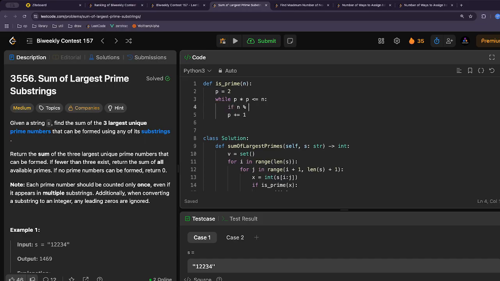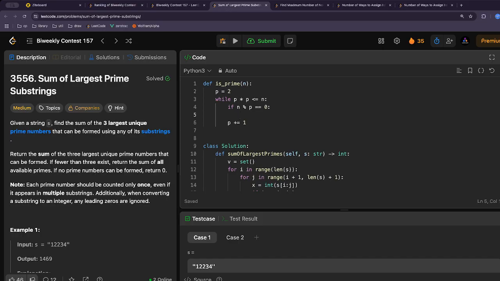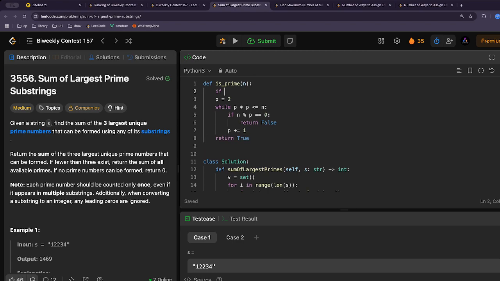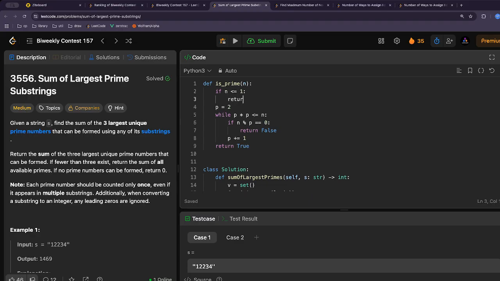And so here, if p divides n, then it means it's not a prime, right? And if we got here, it is a prime, except that we want to avoid the edge case of 0 and 1, right?